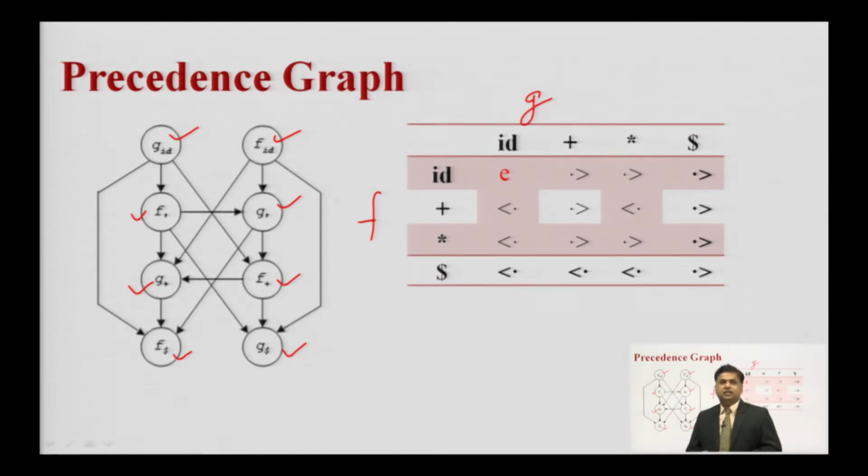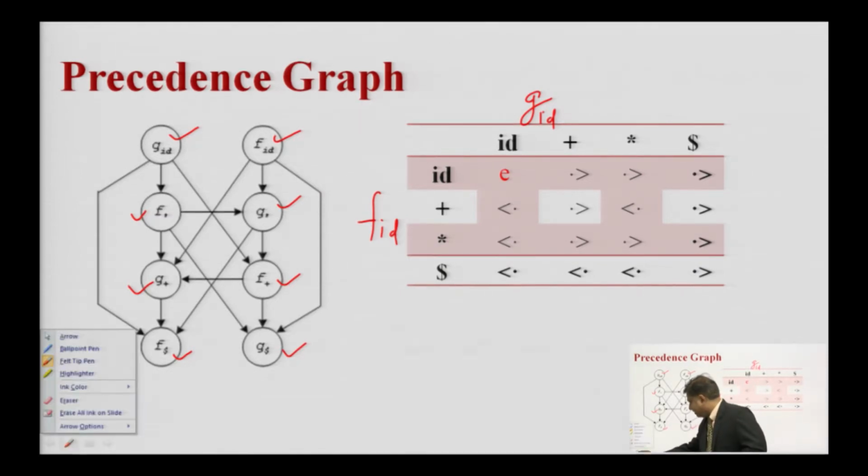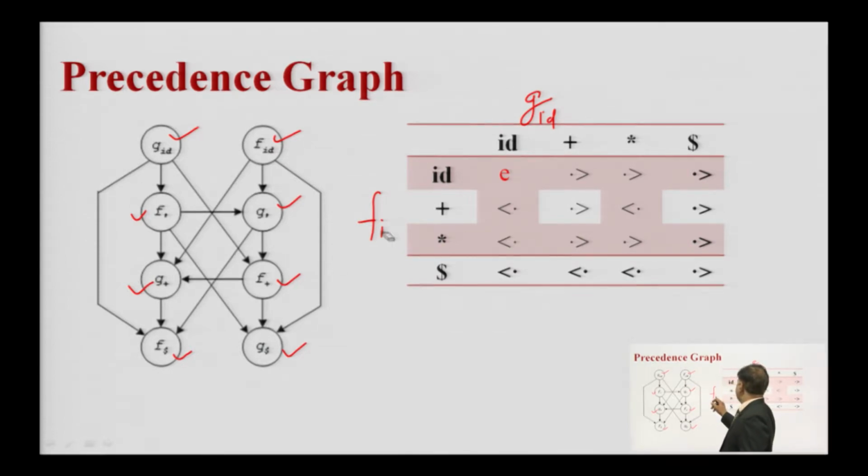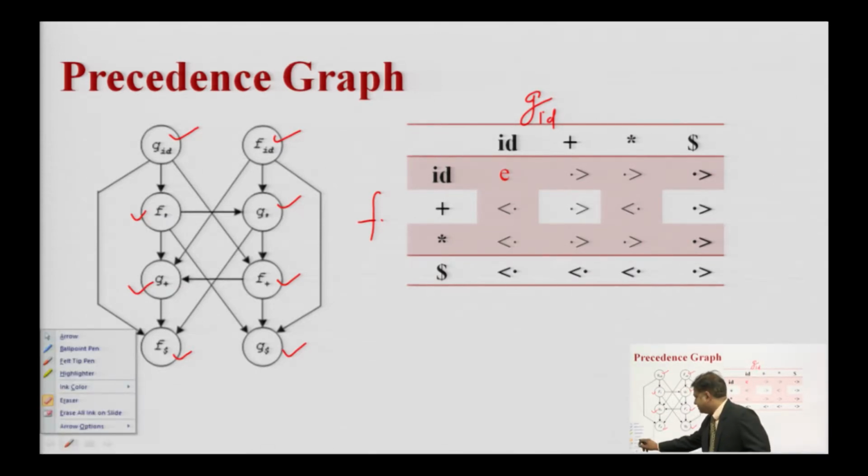Now, next is to place an edge. So, how will we place an edge between two nodes? This is a relation F id and G id, for example. For F id and G id there is no relation. Second, F plus to G plus.